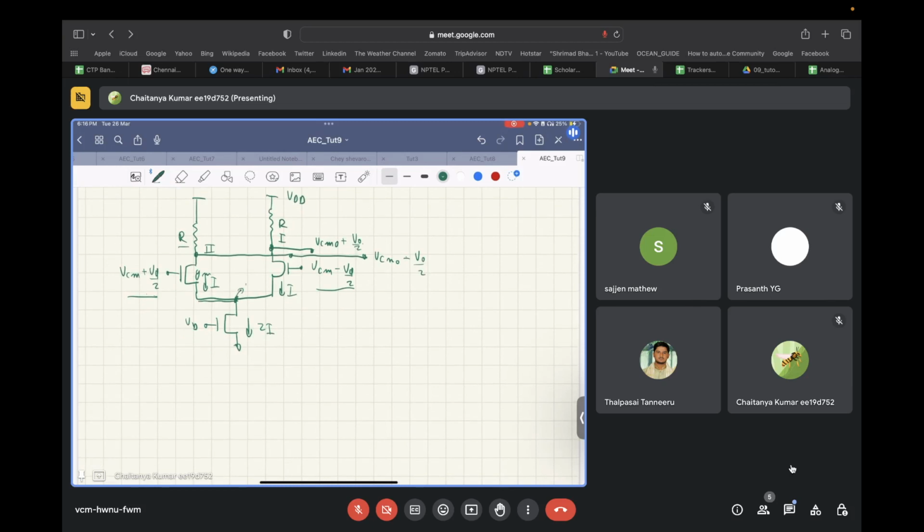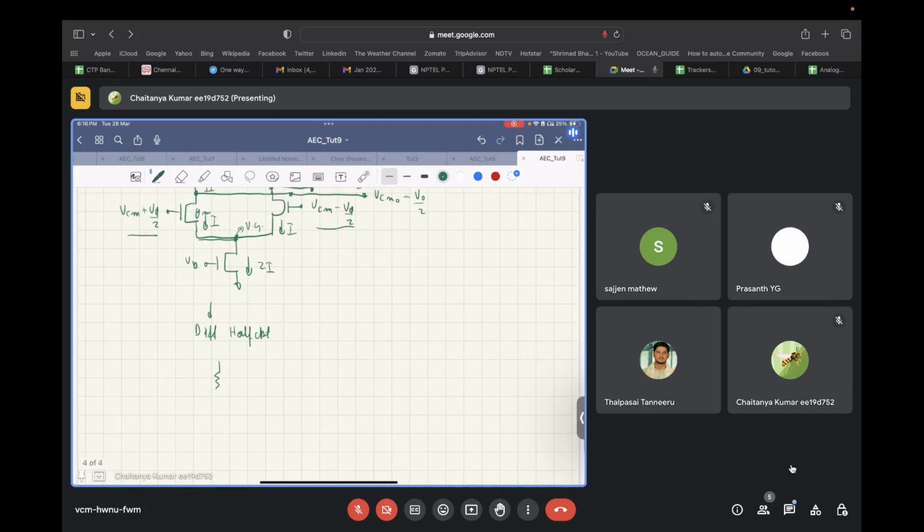This tail current will behave as a virtual ground or differential ground. So the differential half circuit looks like this. We have R over here, we have some GM, and this is grounded.